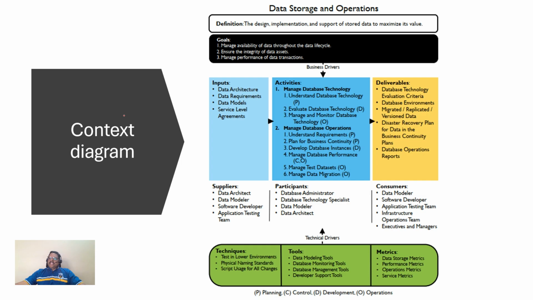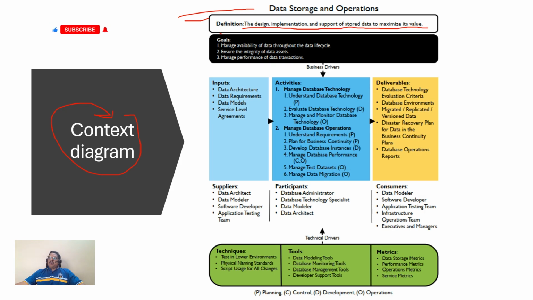As we have already seen, every subject area has a context diagram in the DAMA DMBOK. And we have a context diagram for data storage and operations. A context diagram outlines a framework for managing data storage and operations within an organization. And we have the explanation. It starts with the definition: the design, implementation, and support of stored data to maximize its value.